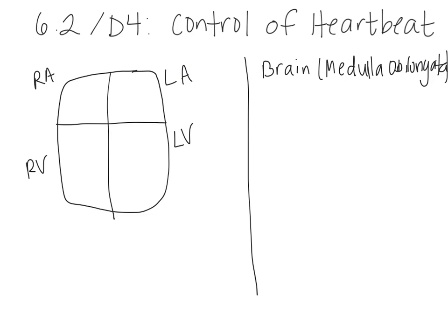Wow, hopefully you're a good listener because that handwriting is really hard to read. The medulla oblongata is going to send messages along nerves to a node in your heart called the SA node. The SA node or sinoatrial node is also called the pacemaker.